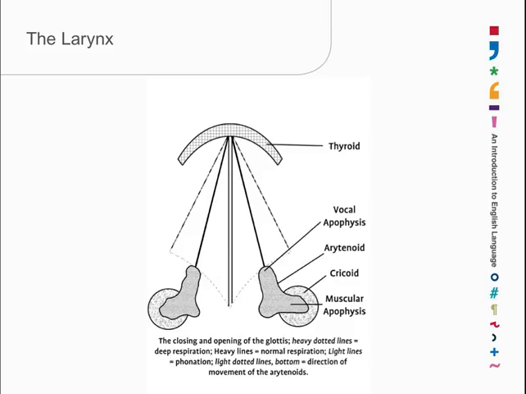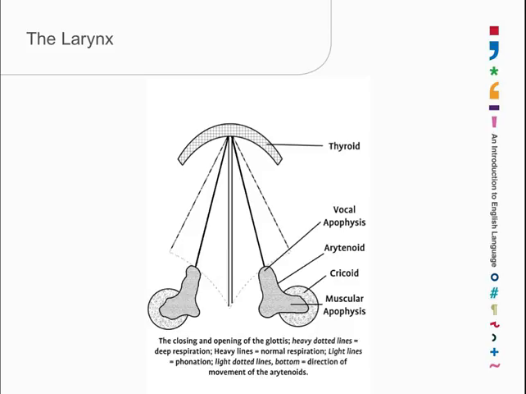At the other end, they're attached to two little cartilages called the arytenoid cartilages, which you can see there. There's a pair of them, and they're hinged on the cricoid cartilage, which you can also see down there. There's only part of it showing, little round circles. These cartilages are very small indeed, but they have very sensitive muscles attached to them.